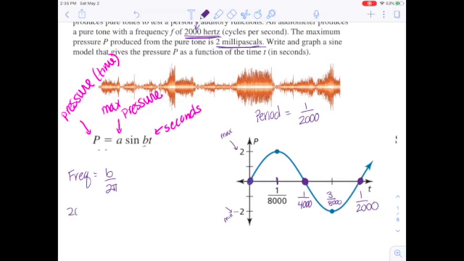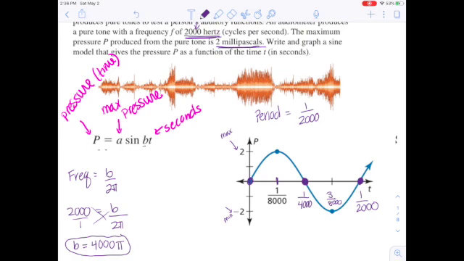Plug in your frequency: 2000 hertz is equal to our b, which is what we're looking for to write our equation, divided by 2 pi. I treat it like a cross multiplying situation. So you've got b is equal to 4000 pi. Okay, we're going to hold on to that information.